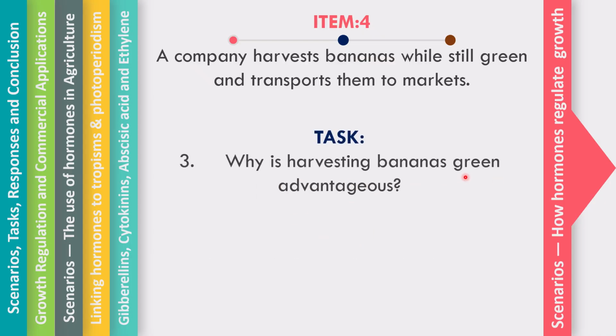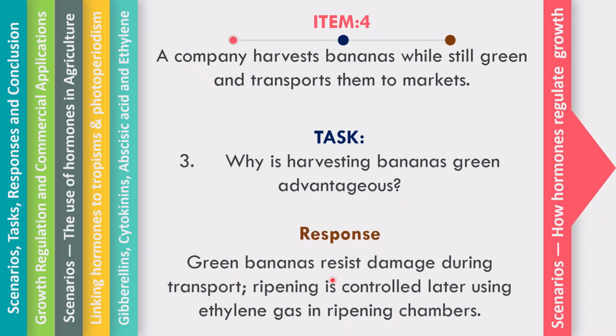Why is harvesting bananas green advantageous? Green bananas resist damage during transport. Ripening is controlled later using ethylene gas in ripening chambers.